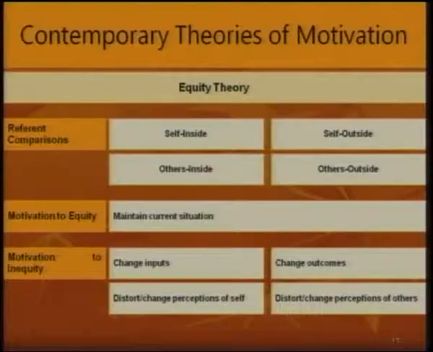Or we are going to change our perception of self, or maybe our perception of others. Now, in all those four cases, we are talking about the elements of the equation. So we are going to rethink those elements, and maybe make some changes, of course, if we are not satisfied with the situation.